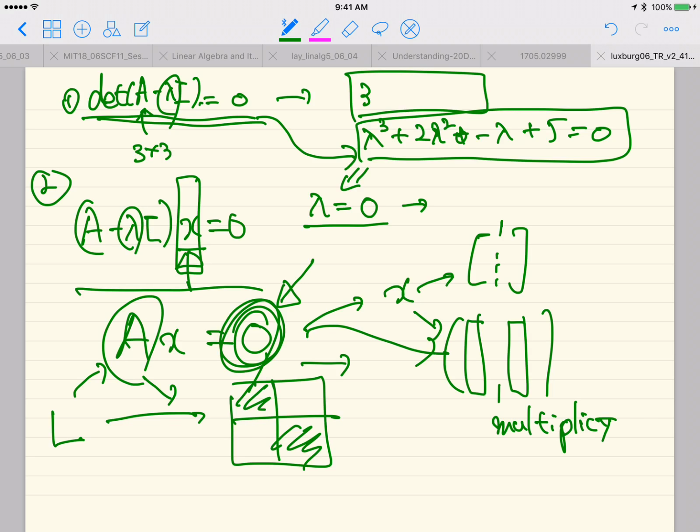Yeah, it's called a multiplicity. Which multiplicity? Geometric multiplicity. Okay. And what was the antonym for it? Algebraic multiplicity.